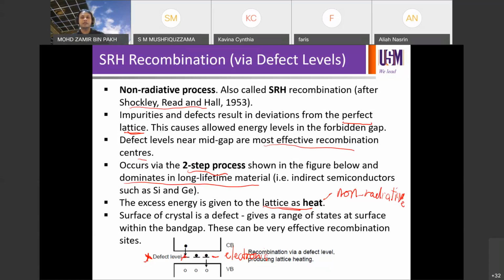They are physical in nature, meaning you can see a small piece, a couple of microns or a couple of nanometers, on or within the sample, or an impurity already diffused into the sample. They are physical in nature, but they appear as electronic states in the band gap. The moment you have electronic states in the band gap, you're going to have SRH recombination.